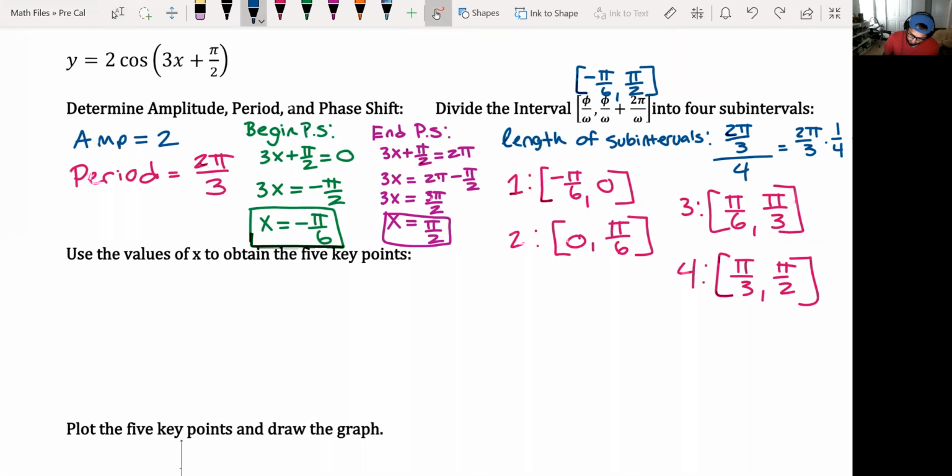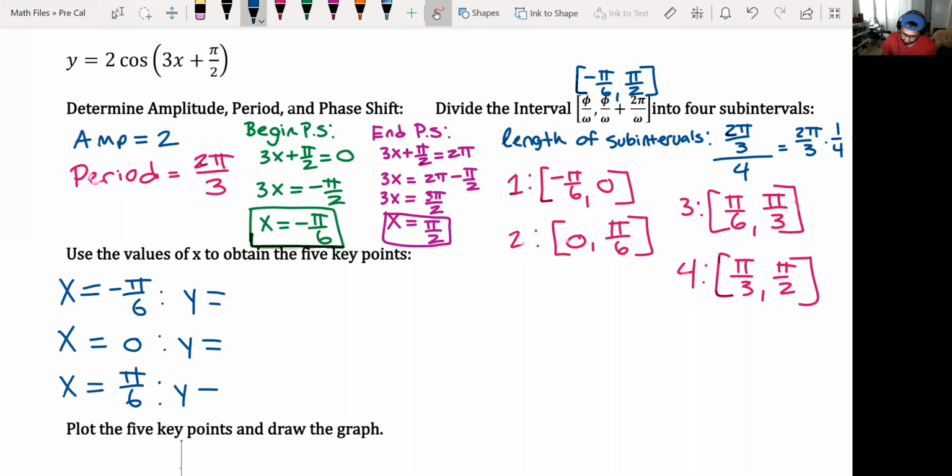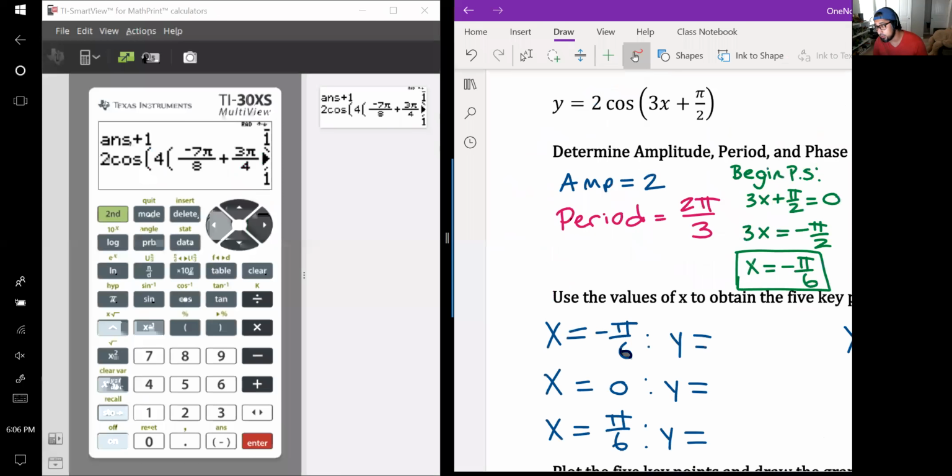So with x equals negative pi over 6, x equals 0, x equals pi over 6, and that'd be y equals, and then x equals pi over 3, and x equals pi over 2. Y equals. And like I said, calculator makes your life a whole lot easier.